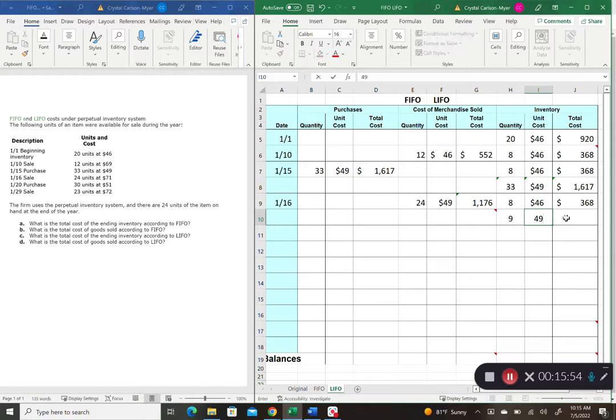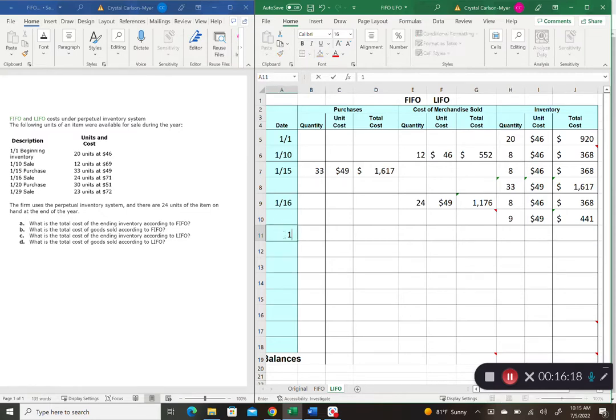So go ahead and calculate your ending inventory value. Take your 9 times your 49. That cost me $441. So in my ending inventory at the end of January 16th, I have $368 plus $441. You can see how it changes between the FIFO and the LIFO method at this stage.